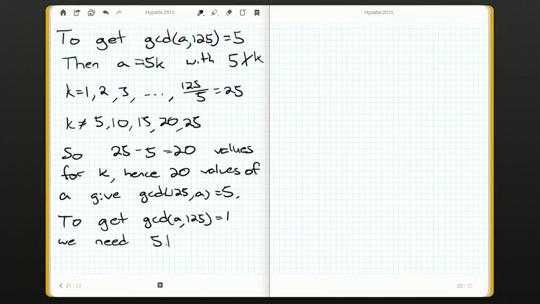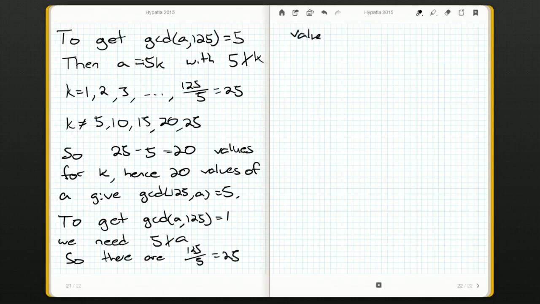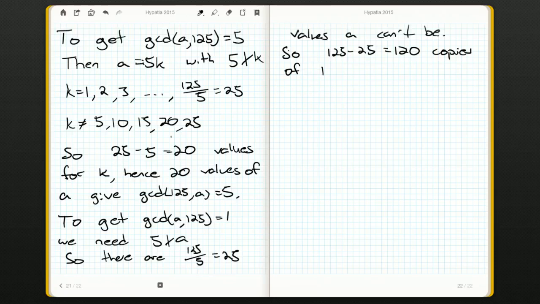Well, we just need a not to be a multiple of 5. So a can't be a multiple of 5.